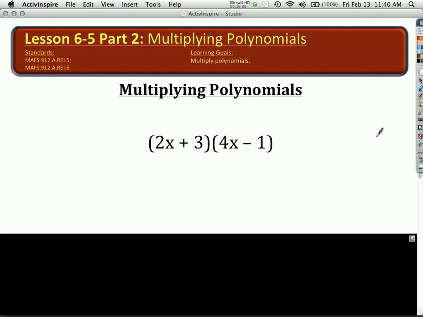So this is a binomial times a binomial. That we've never done before. We've done monomial times things, but never binomial times binomial.